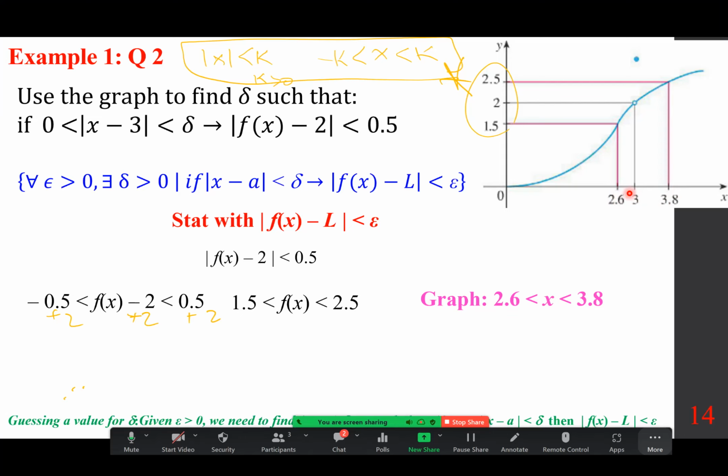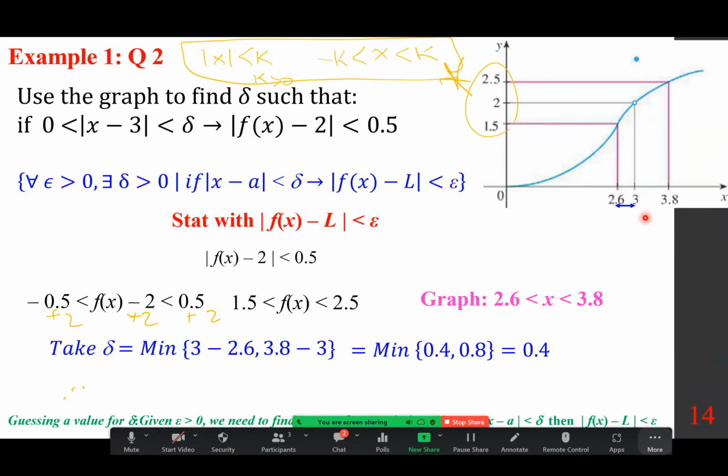Delta is the minimum of the distance between these two. So take delta, the minimum of this distance, 3 minus 2.6, or 3.8 minus 3. Either this distance or this distance.